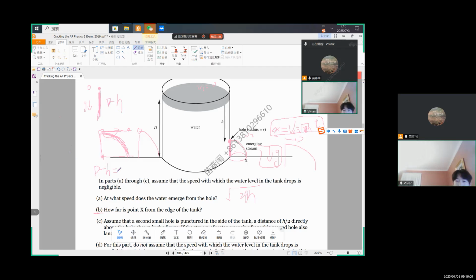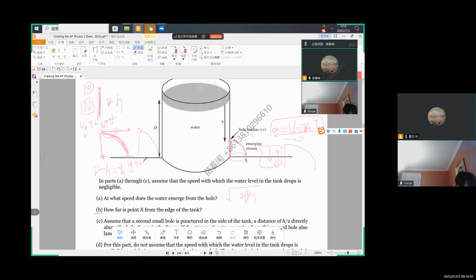I have g acceleration and I also have initial velocity, so I use the formula that contains initial velocity, time, and displacement. Because the initial vertical velocity is 0, the 0 times t term drops out, which leaves one half g t squared, right?